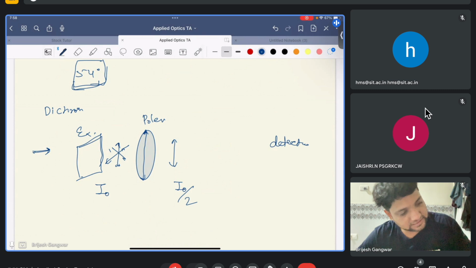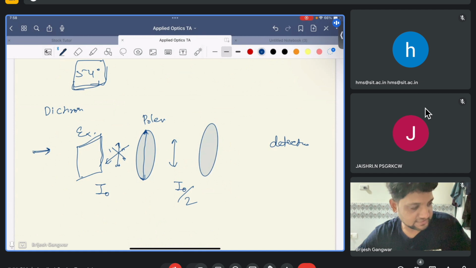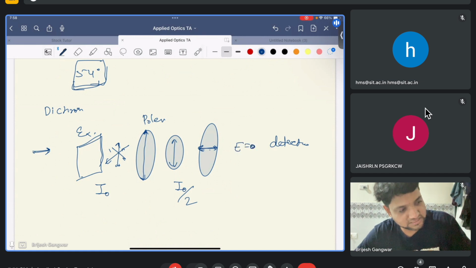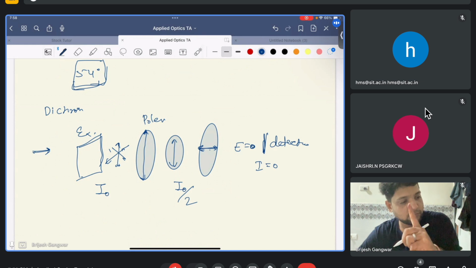Similarly, to recognize which polarization is coming, we put another polarizer in the way of the detector, and we rotate it and set it such that its polarization axis is this one. It will block this polarized light completely, because its direction is perpendicular to this. So the detector finds zero intensity, and then we can say that there is only one direction of polarization, that is, linearly polarized light.